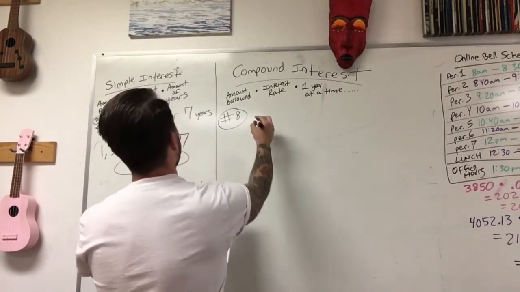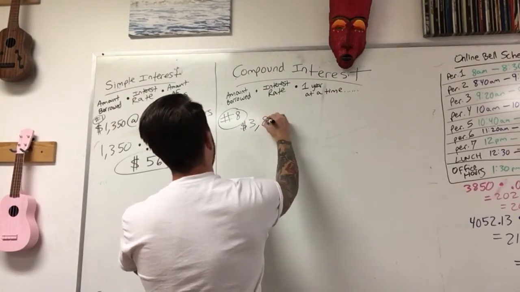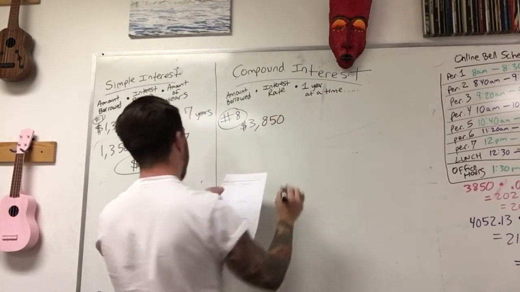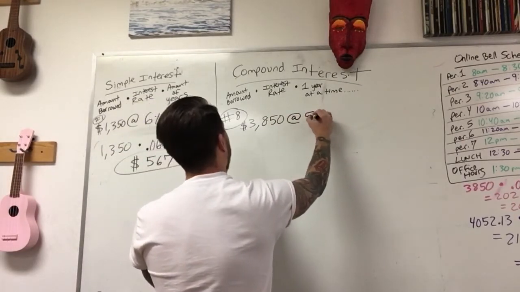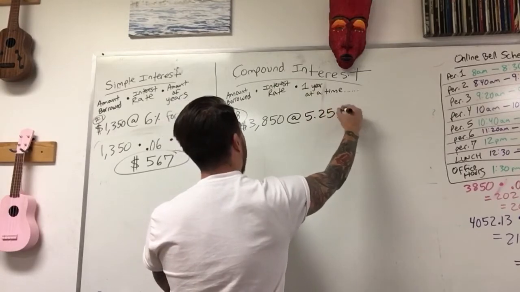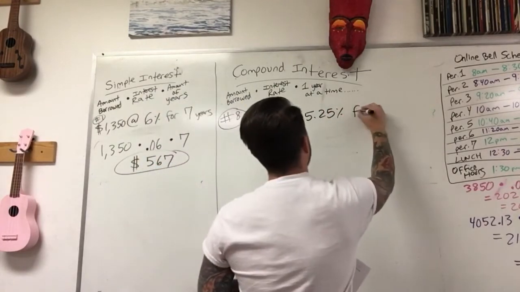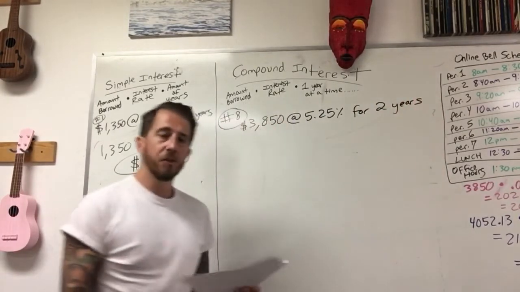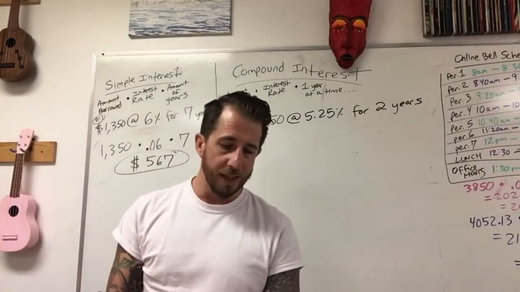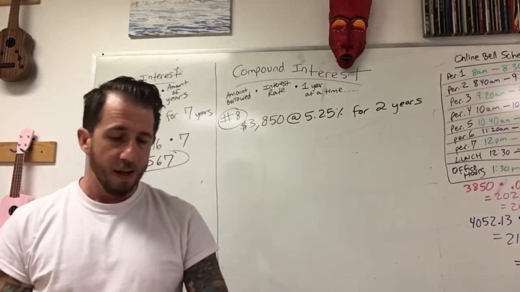You borrow $3,850 at a 5.25% interest rate for 2 years. So that's our problem.